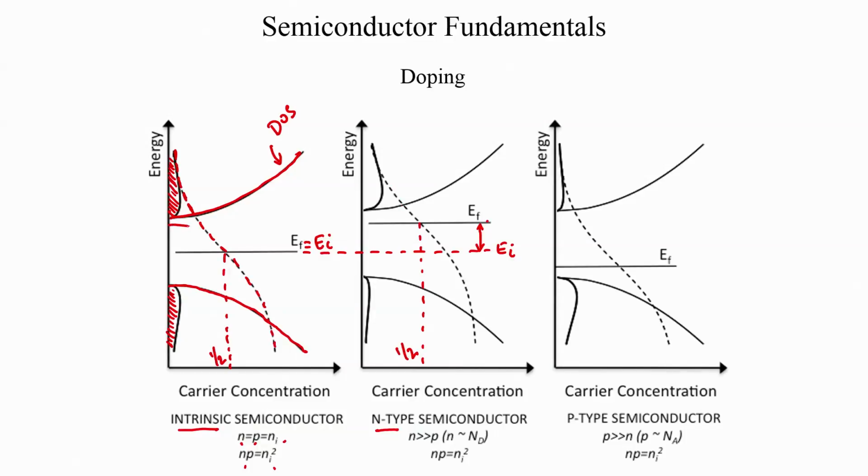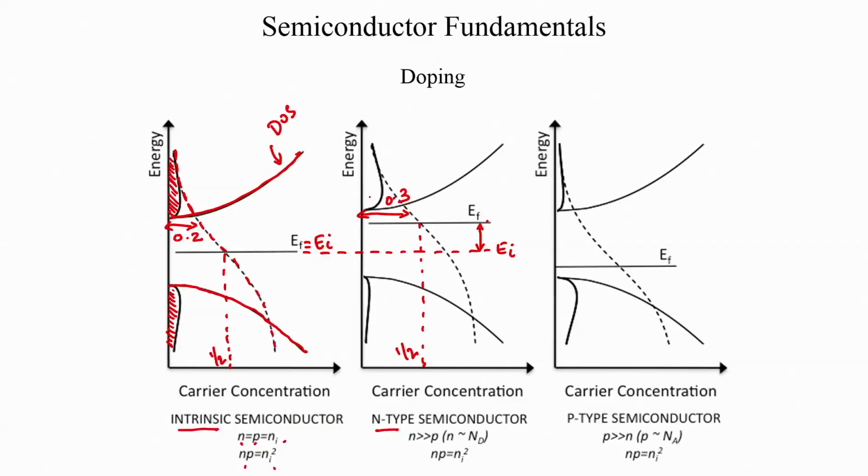So, let us say initially the value here was less than half, let us say it was 0.2. But now since we have moved the entire f of E curve upward, this value is now much greater than 0.2. Here it was half, which is 0.5. So, here it could now become 0.3. That is the value of f of E, which means the probability of me finding an electron in these states has increased.